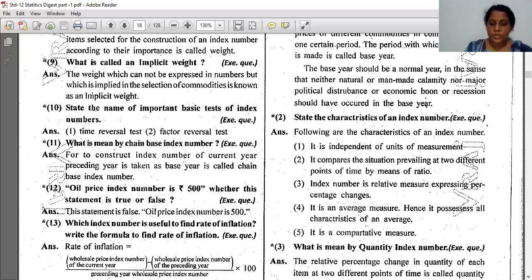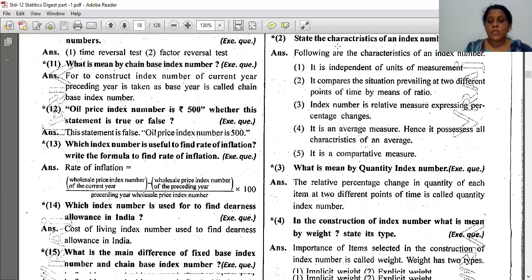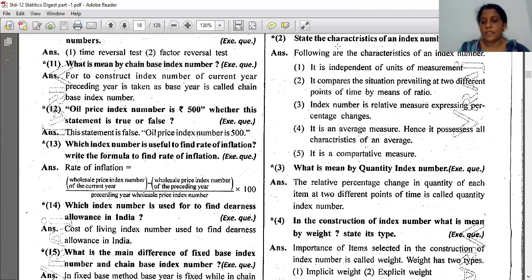Right. Now, third question is: what is meant by quantity index number? The relative percentage change in quantity of each item at two different points of time is called quantity index number. Quantity and quality, now you know what is quantity and quality. So, what is meant by quantity index number means the relative percentage change in quantity of each item at two different points of time, means the percentage.